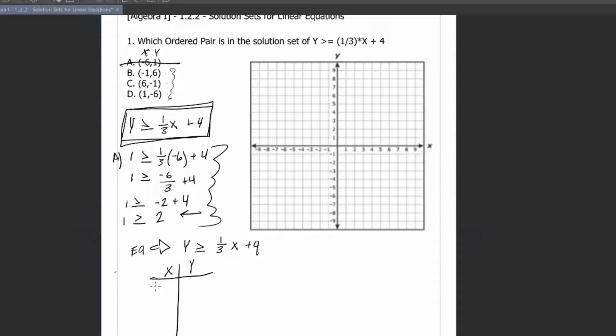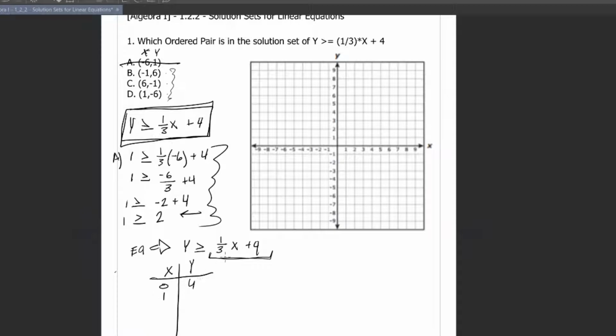As a side note, this table will help the graphical solution as well, since we're using this equation and finding out where it lies on this plot. For a quick example, if x equals 0, y would equal 4. We plug 0 into x: 1/3 times 0 is 0, plus 4 equals 4.